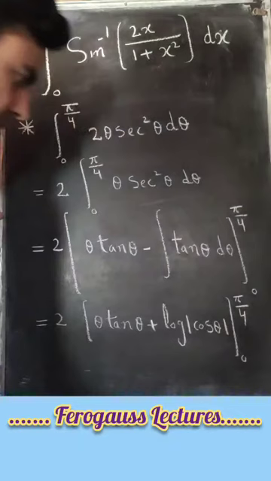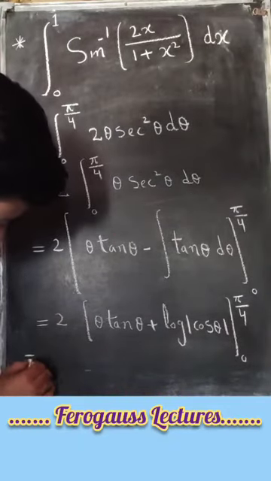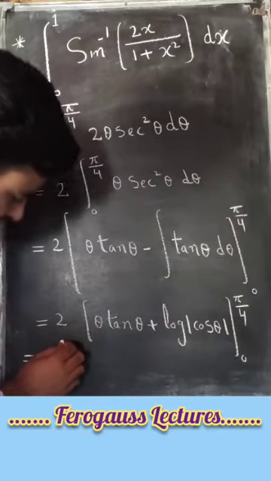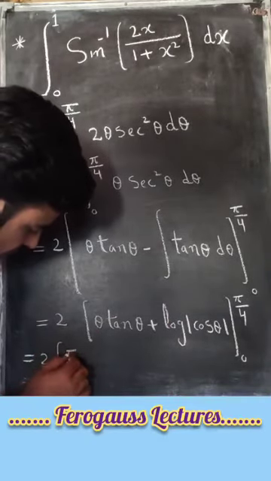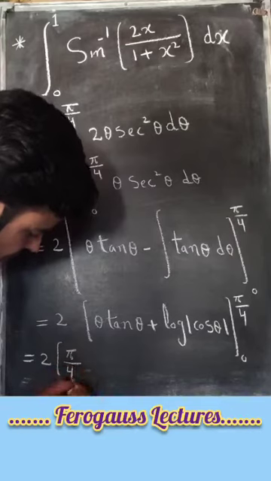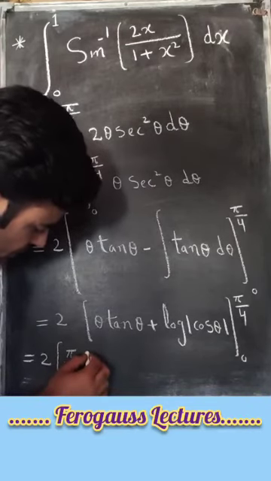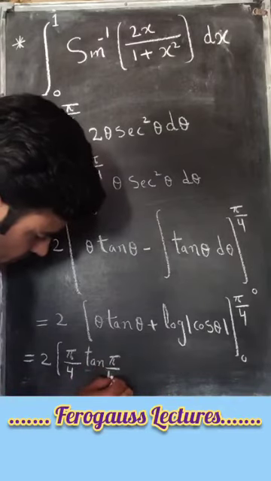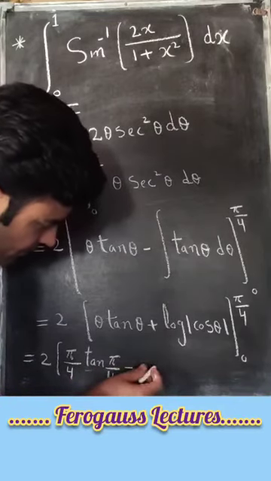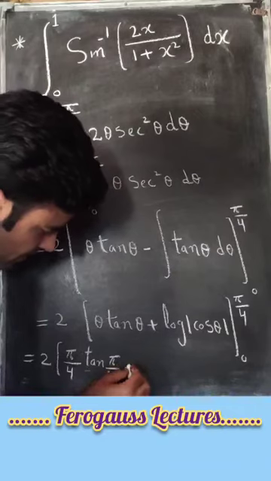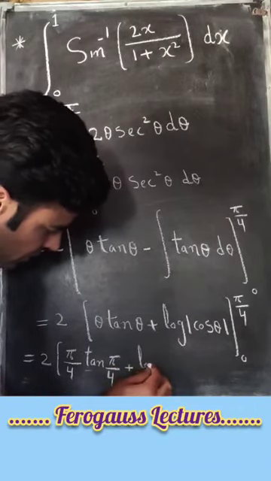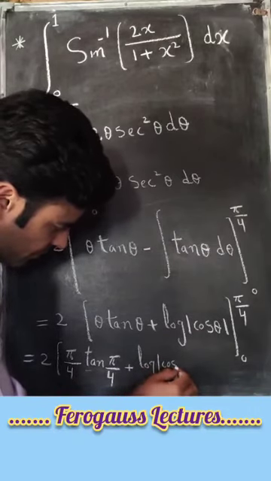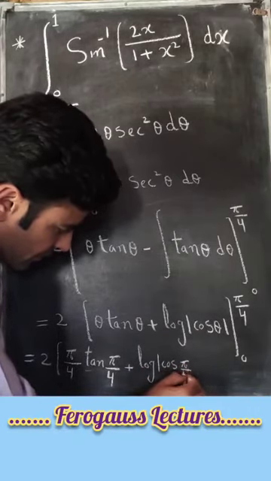Now we apply limits. This is further equal to twice. The upper limit is pi by 4. So we get, instead of theta we have pi by 4, it's pi by 4 tan of pi by 4, plus log of cos of pi by 4.